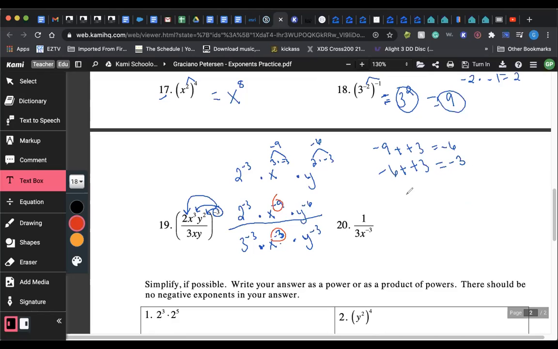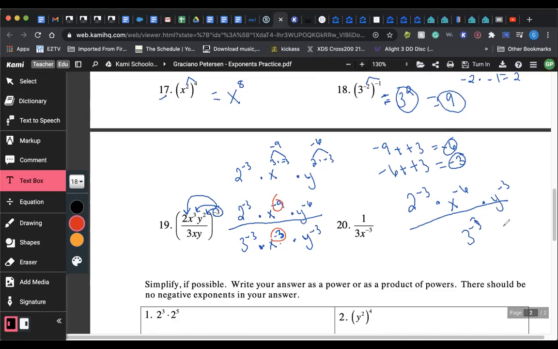Okay, so we have 2 to the -3 times x to the -6 times y to the -3 all over 3 to the -3, because we got rid of the x's in the denominator. We simplified the x up here and then we simplified the y right here.